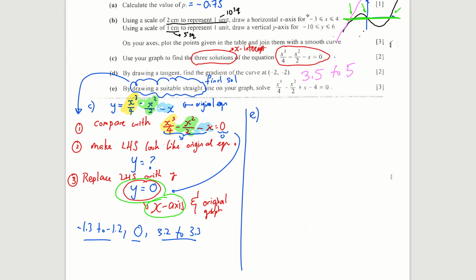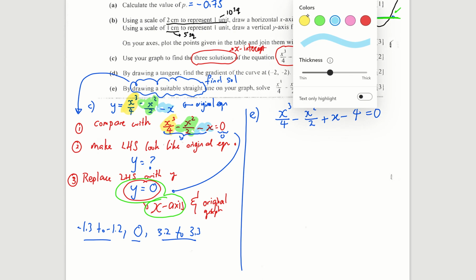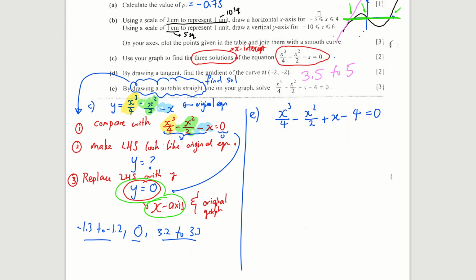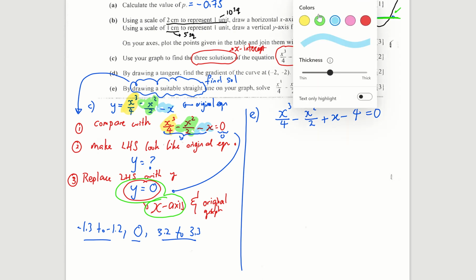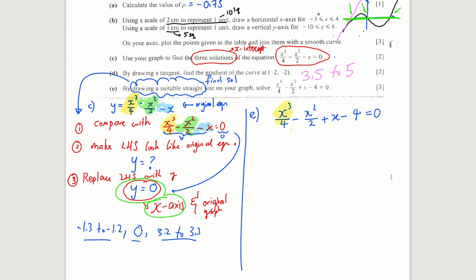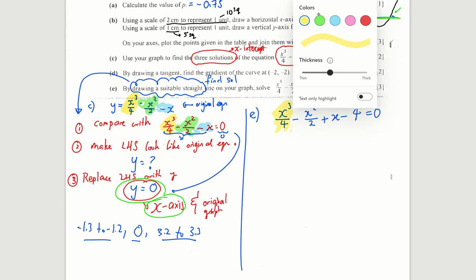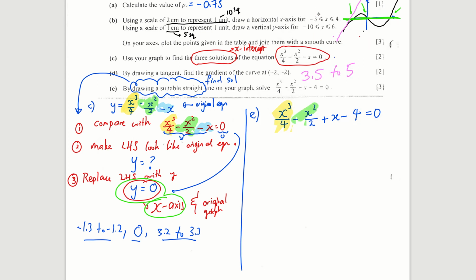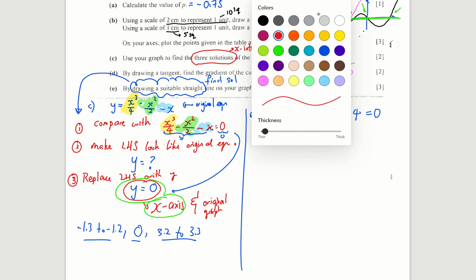First, I want to compare with x cubed, x squared, x, everything. I try to use the same color. Minus x, I don't have. The yellow one, the x cubed, I have. The green one, so I'm doing set number 2. I'm trying to do a compare. But I need a minus x for the blue. So in order to get minus x, I need to do something to the plus x.